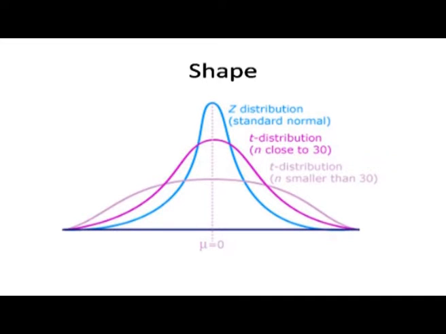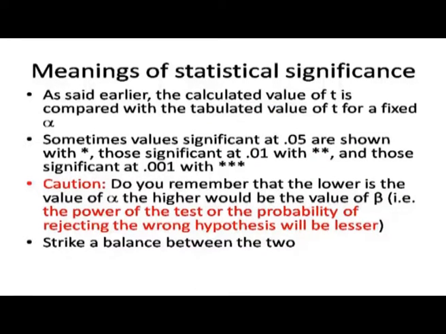You have largest variance for small values of n, and as the value of n starts increasing, the spread or variance of t distribution starts decreasing, and for n more than 30, t distribution will become exactly like a normal distribution. This Z standard normal distribution will have mean 0 and variance unity.